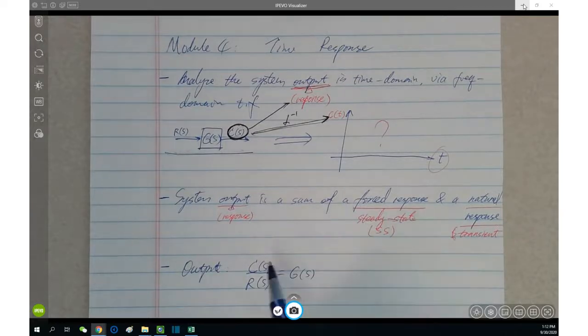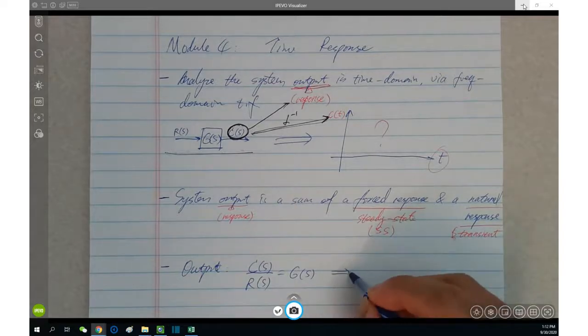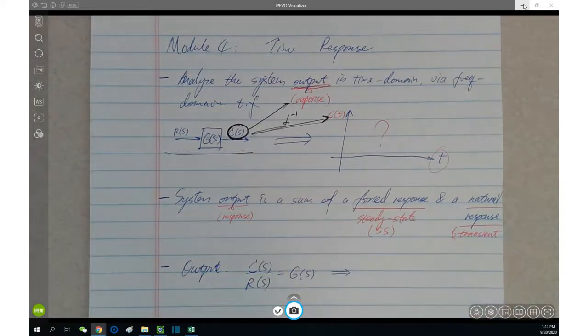Your output over the input equals the transfer function, G. Based on this very basic definition, you can derive the numerator, which is the output.